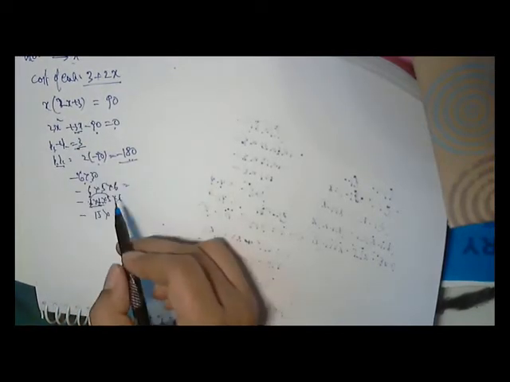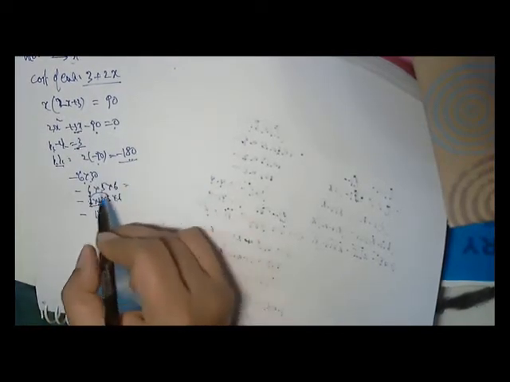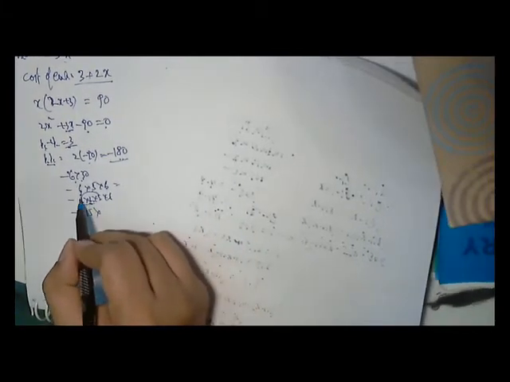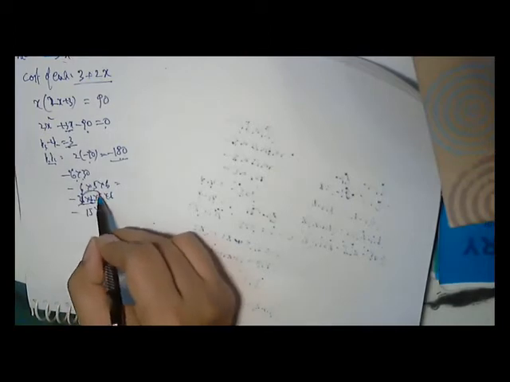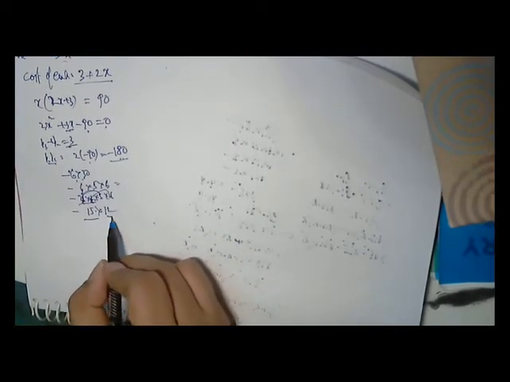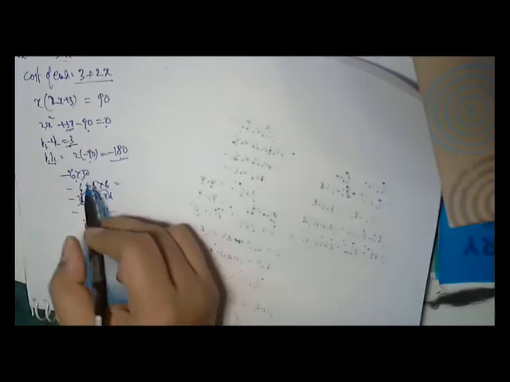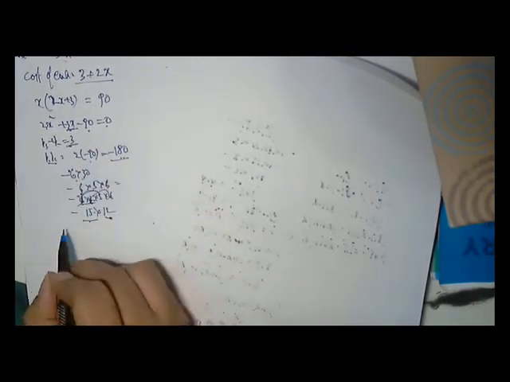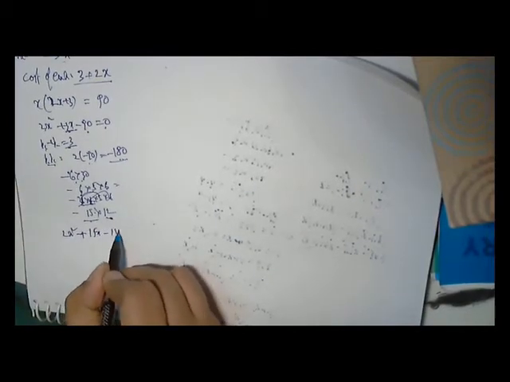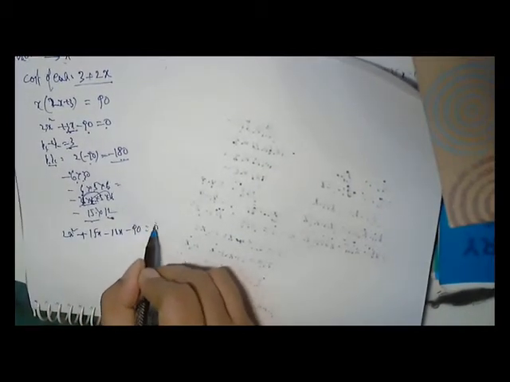Now I want a gap of 3. 3 5s are 15, 6 2s are 12. So 15 minus 12 is 3. So 2x square plus 15x minus 12x minus 90 is equal to 0.